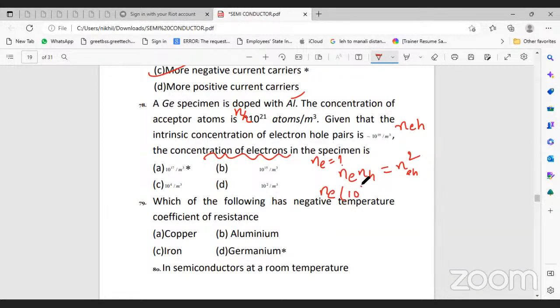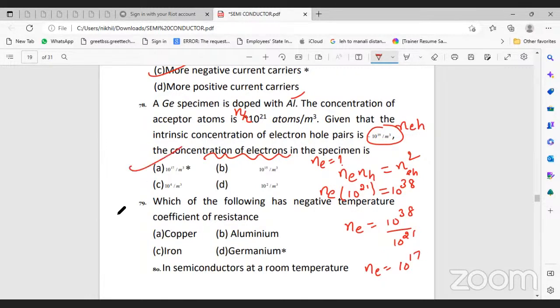Hole concentration is 10 power 21. Intrinsic concentration is 10 power 19. Square is there, so 10 power 38. So the electron concentration is 10 power 38 by 10 power 21. So 38 minus 21, 10 power 17.